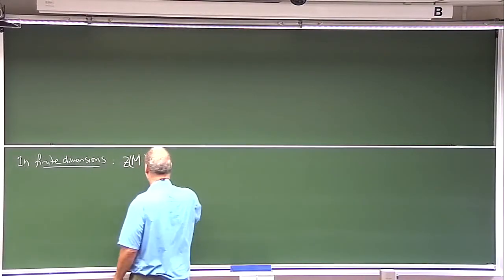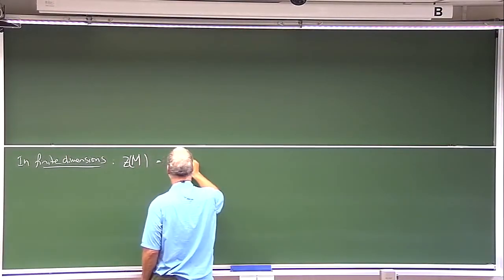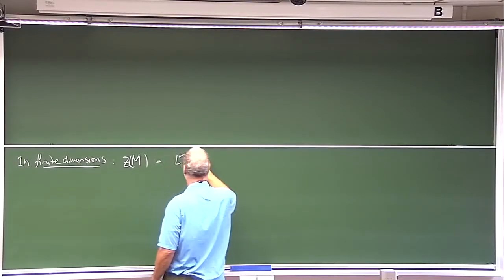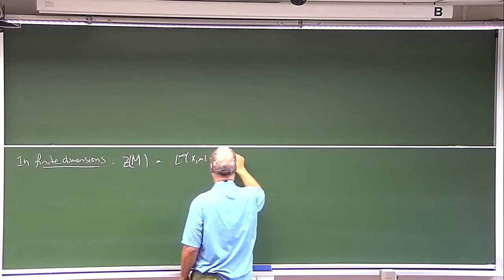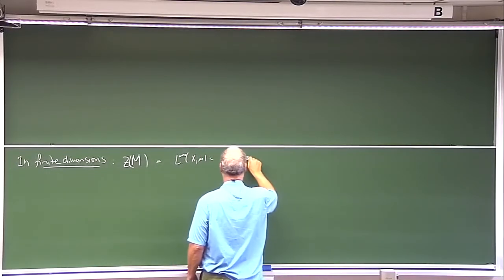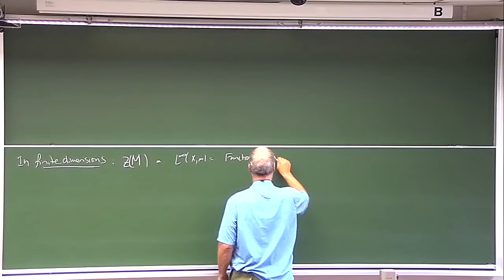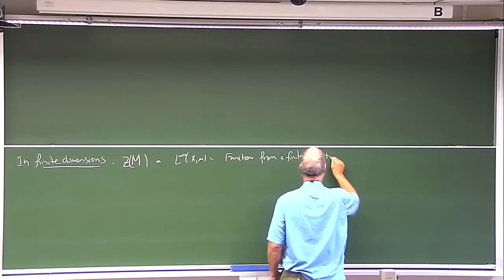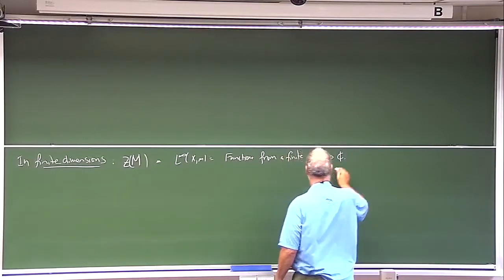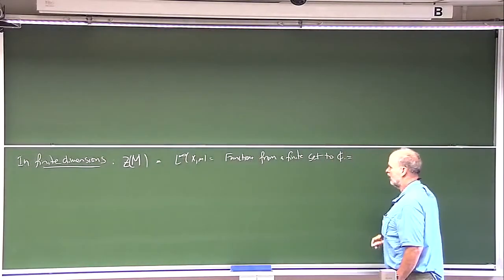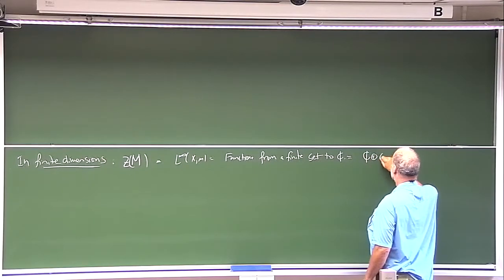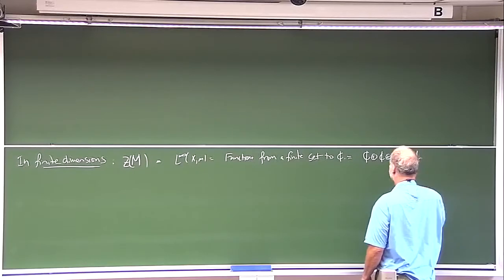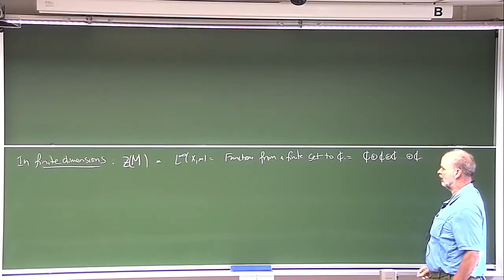So the center, therefore, is just L infinity of x mu, a function from some finite set. And I want to think of this in another way as being C direct sum C direct sum C. Okay, this is just another way of saying the same thing.